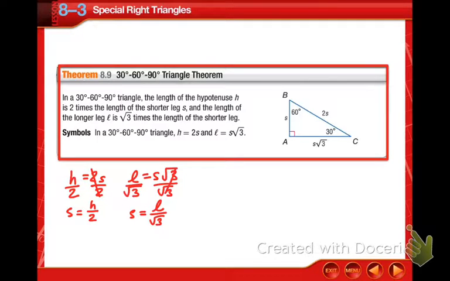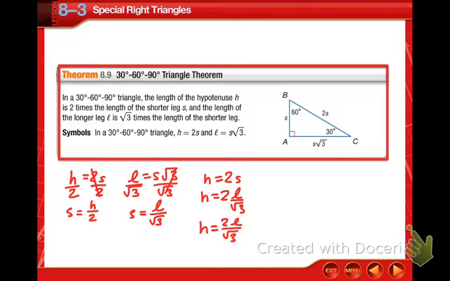Now what we're going to do is plug them into the original 2 equations. So H in terms of S will become H equals 2 times L over square root 3. So that is our formula. We don't have to do anything to it. So H is in terms of L there.